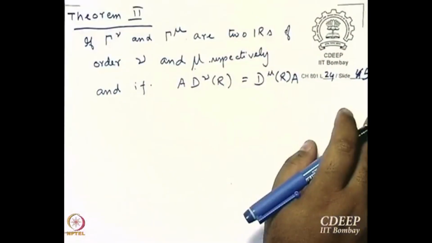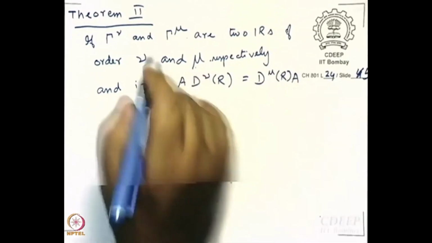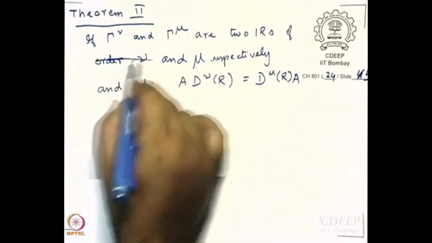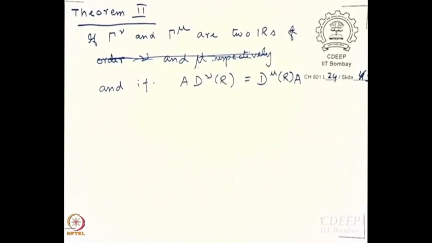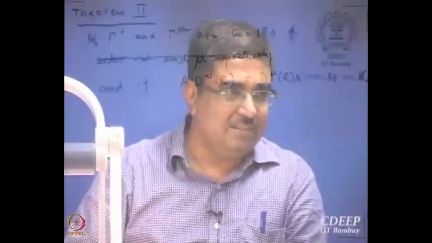Okay. Let me finish writing the theorem. If gamma nu and gamma mu are two IRs, actually I should write dimensionality, no? Cut, do not write all this, are two IRs. Nu and mu are identifiers, gamma 1, gamma 3, something like that, okay.